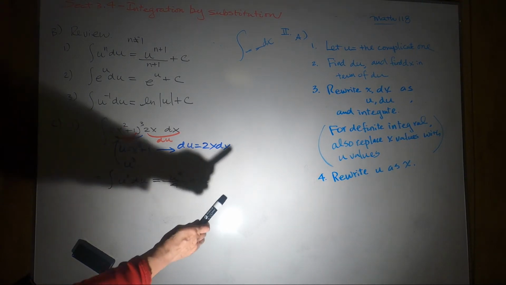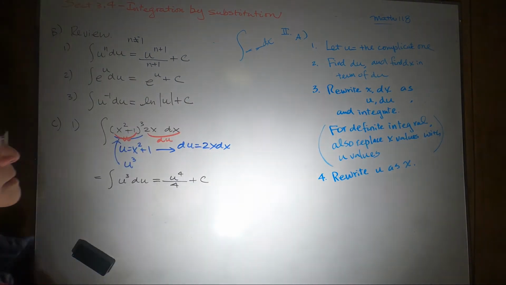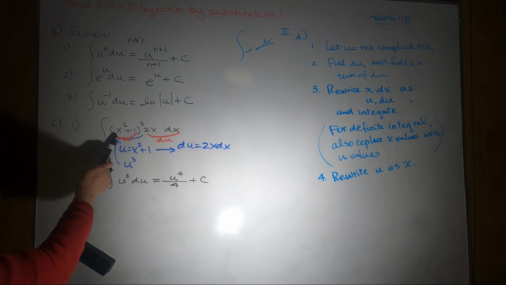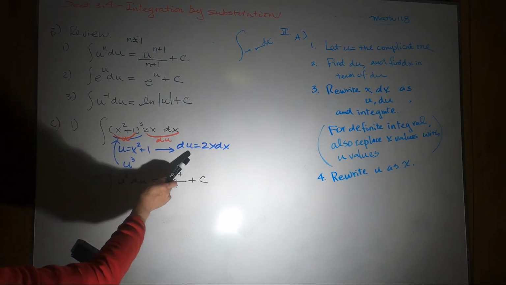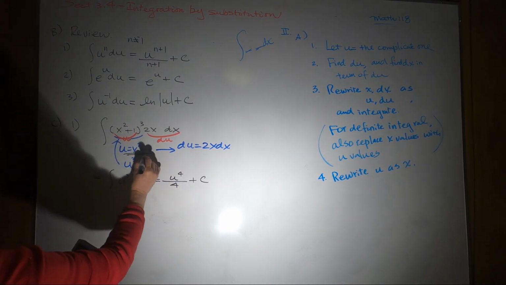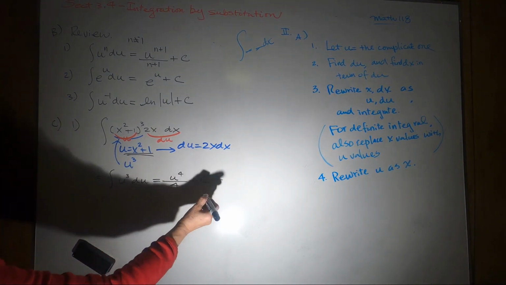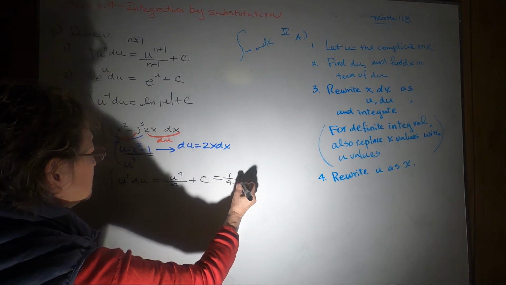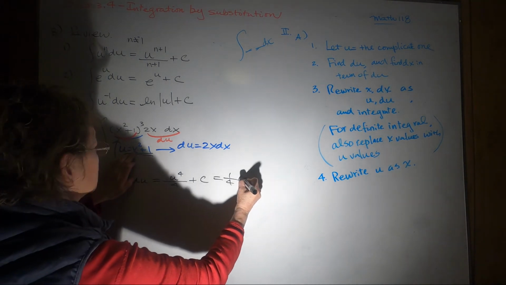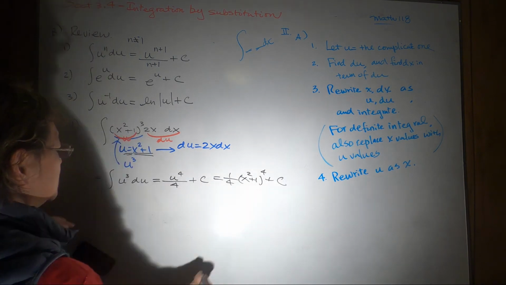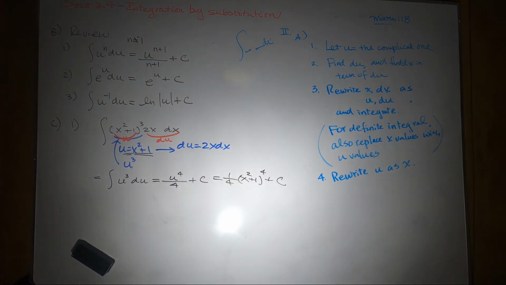Then we have integrated it. But the original problem is in x, so we have to put it back. This is our u, so how do we put it back? We have 1/4 times u to the 4th power, where u is x squared plus 1, so we get 1/4 times x squared plus 1 to the 4th power plus c.